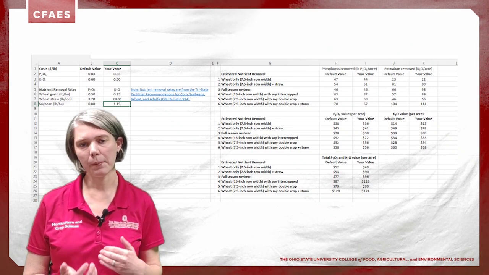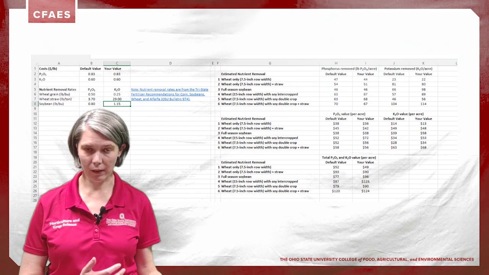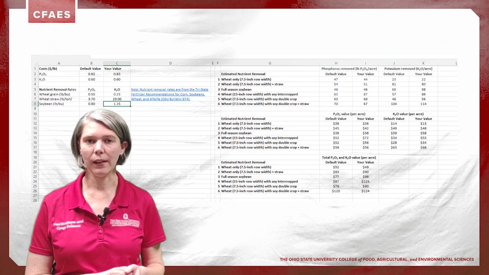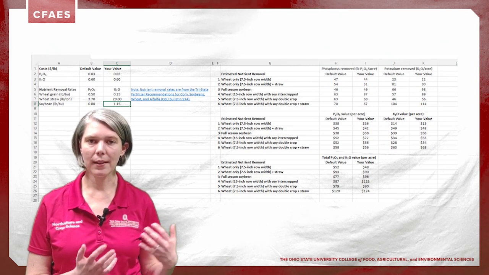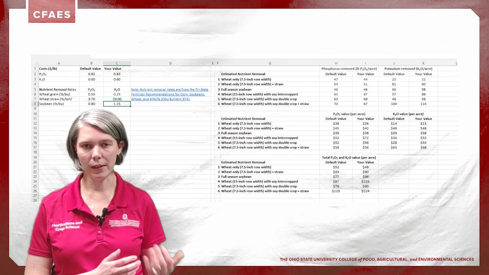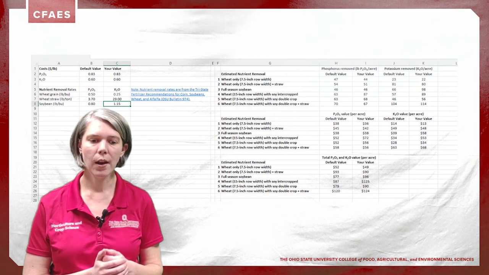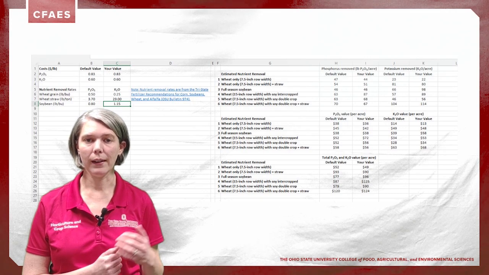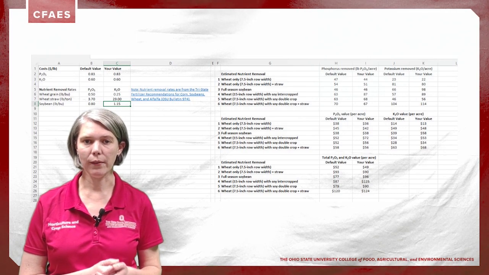And that phosphorus and potassium has an economic value. So using our yield estimates and current prices and removal rates of these nutrients from harvested portions, we can attribute an economic value of the K2O and P2O5 removed.